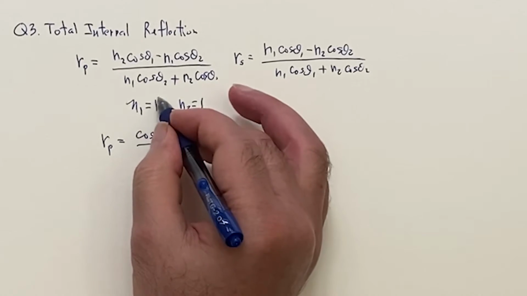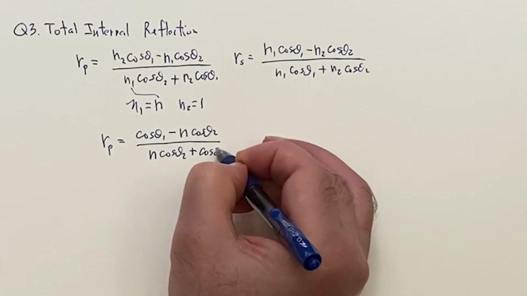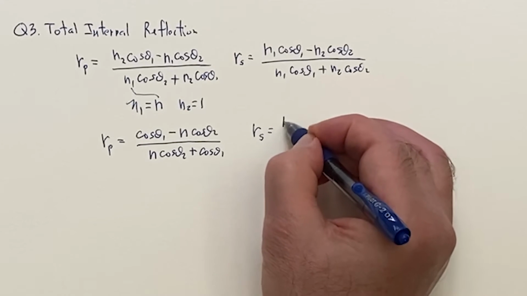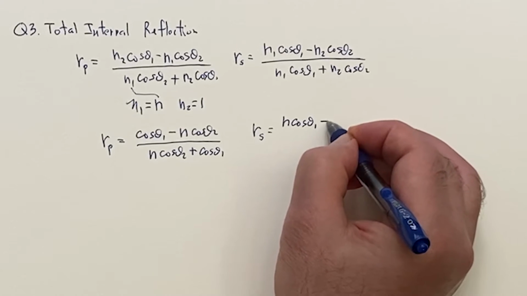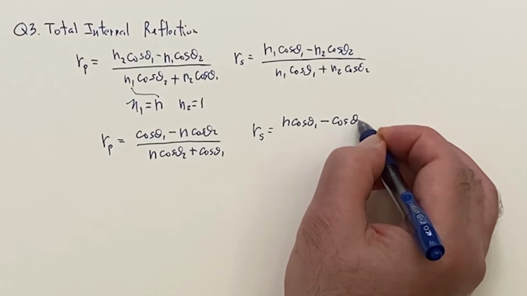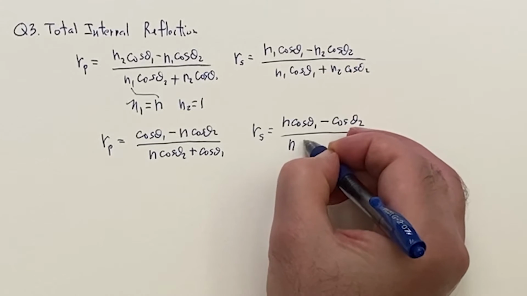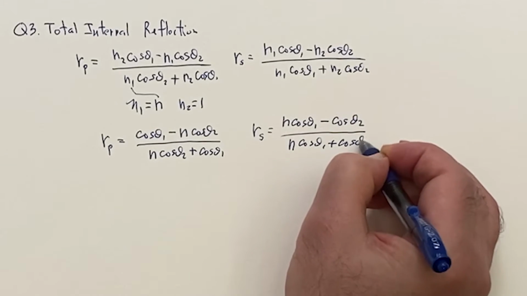Remember, n1 is the n. And then this is plus cosine theta 1. And then over here, we're going to have n cosine theta 1 minus cosine theta 2 over n cosine theta 1 plus cosine theta 2.